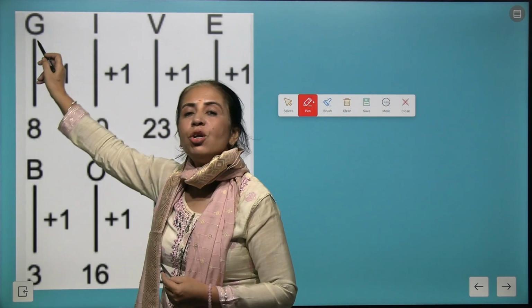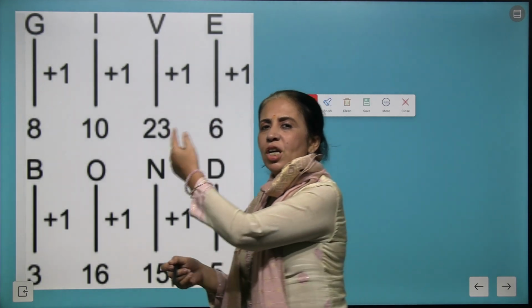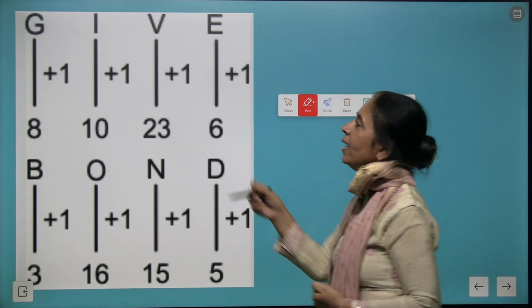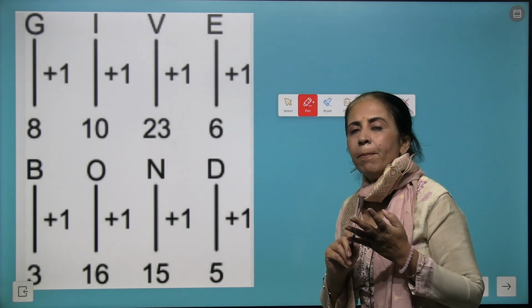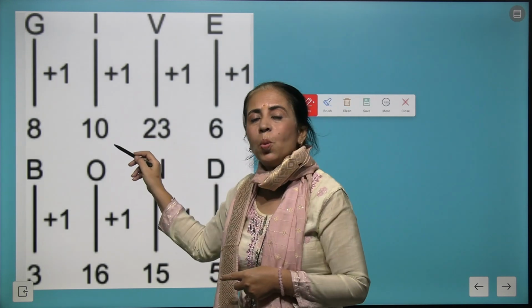You know that G represents the 7th alphabet, and if I say G is 8, that means I am adding 1 to it, right? Similarly, I is the 9th alphabet, but I am not writing 9, I am putting it as 9 plus 1.